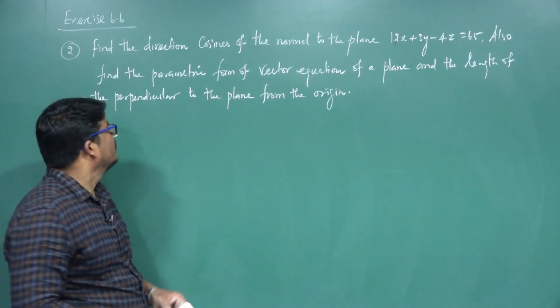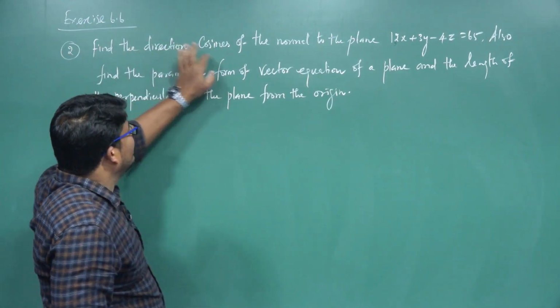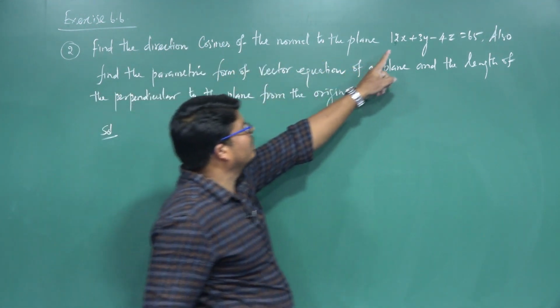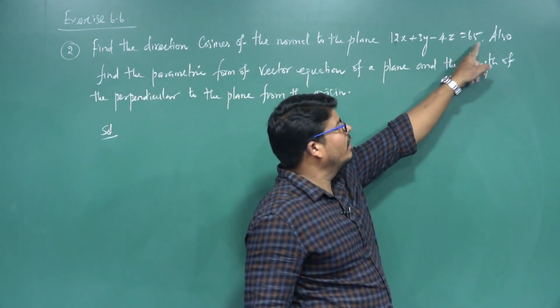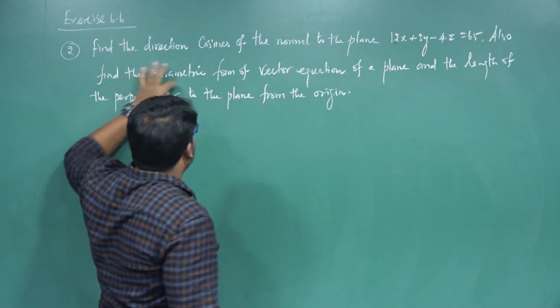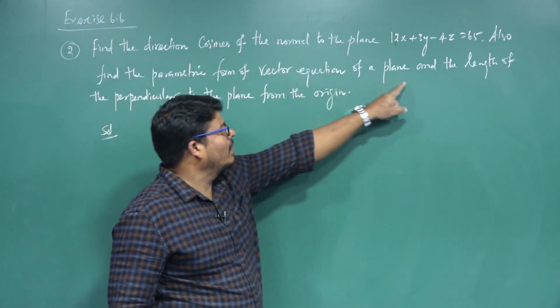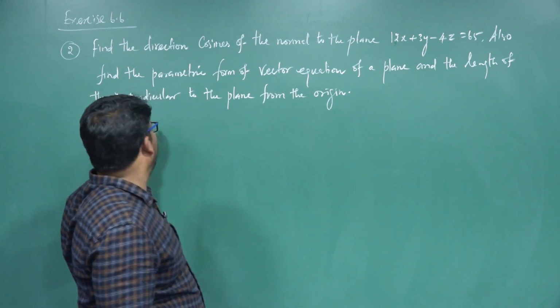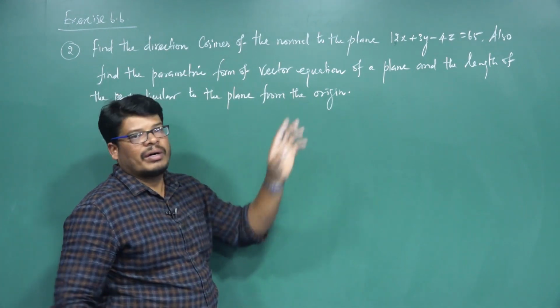In the second problem, find the direction cosines of the normal to the plane 12x plus 3y minus 4z equal to 65. Also find the parametric form of the vector equation of the plane and the length of the perpendicular to the plane from the origin.